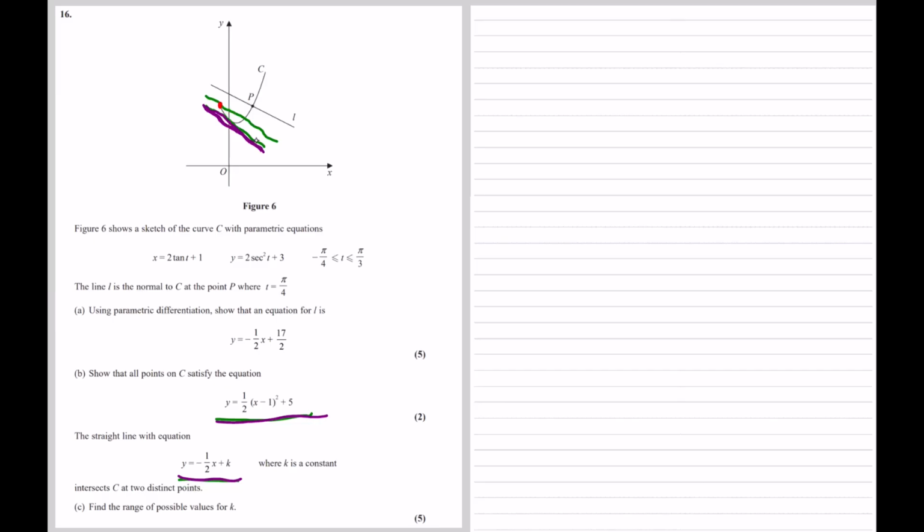They're both y equals at the moment, so let's make them equal to each other. So minus a half x plus k equals a half times (x minus 1) squared plus 5. That's where our straight line and curve intersect.